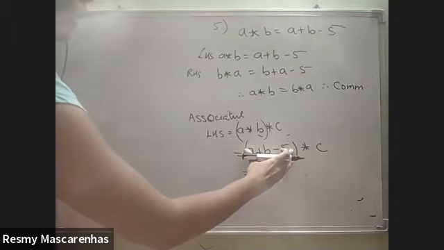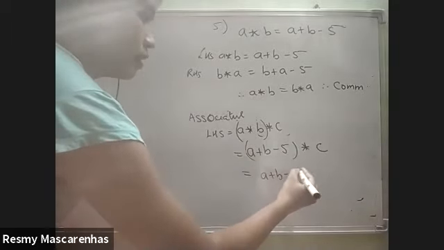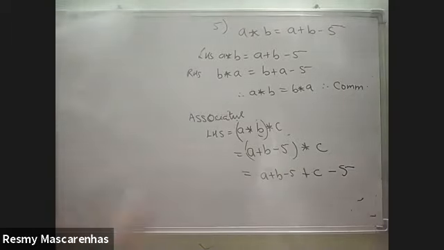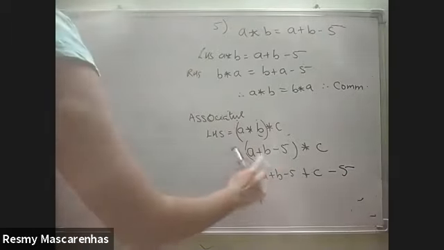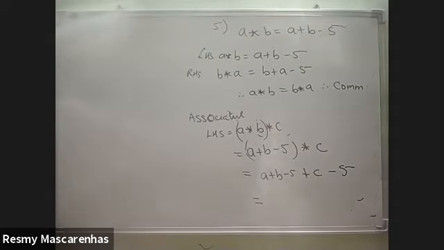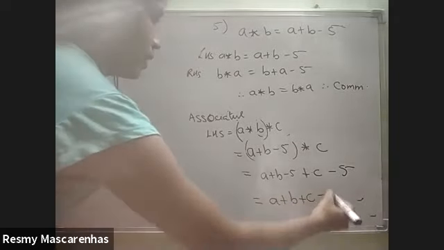So this is like your A and this is your B. So A plus B minus 5, and so on. So how much it turns out to be? A plus B plus C minus 10.